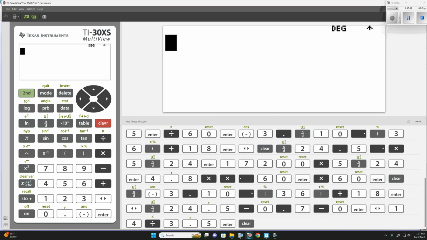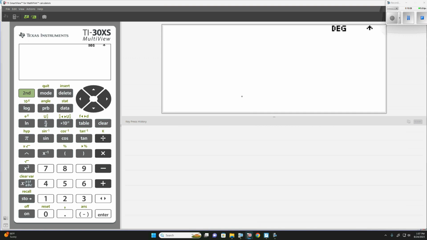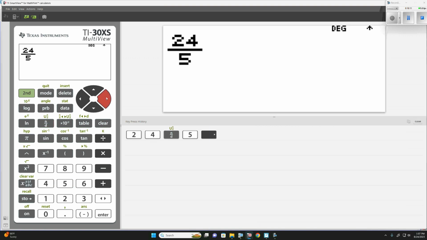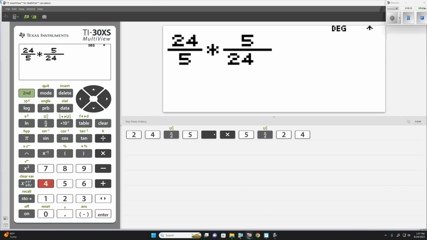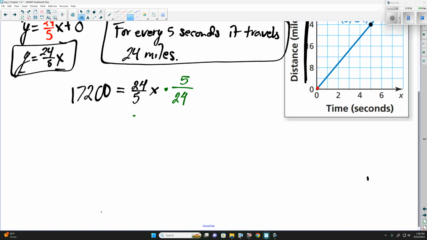Let's clear all that up. Because we have 24 over 5, if I multiply it by 5 over 24, what do we get? 1. And this is really the identity property of multiplication, that a times 1 over a will equal 1. If I do it to one side, we have to do it to the other. So these here will cancel, leaving us with x by itself.